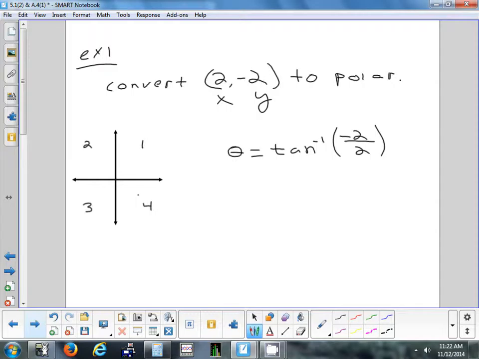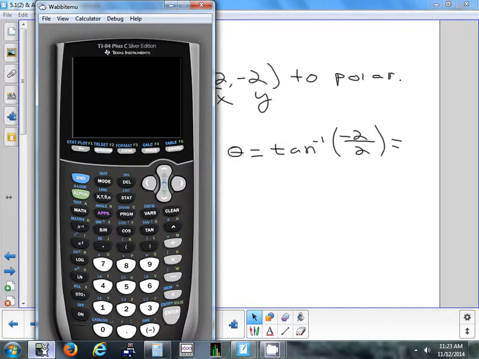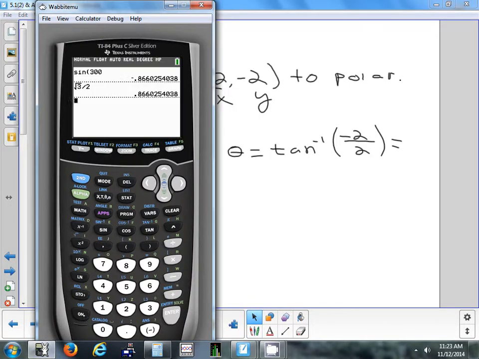Okay, so just type that in, and we'll get our angle. Unless they specify what units, you can use any units you want. I'm going to do it in degrees. So when I hit enter, the calculator will give me an answer in degrees. So inverse tangent of -2 divided by 2.